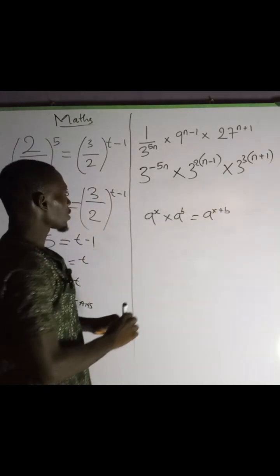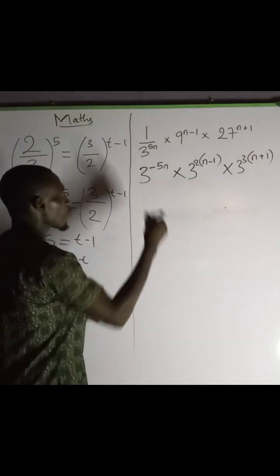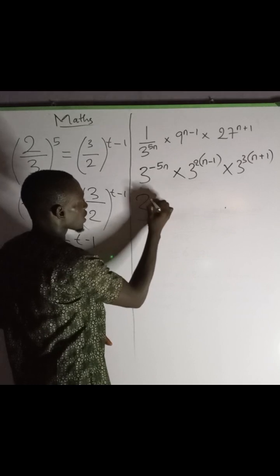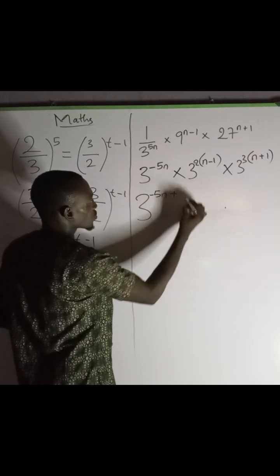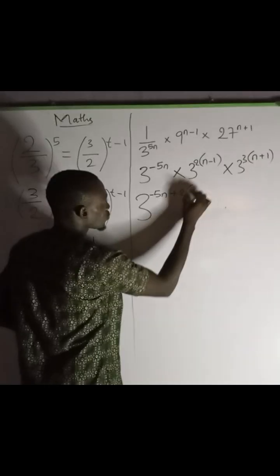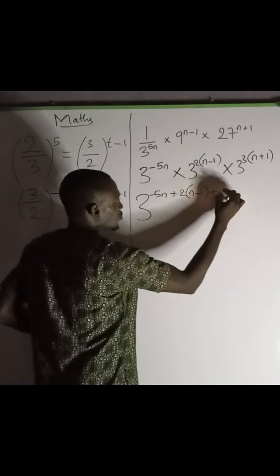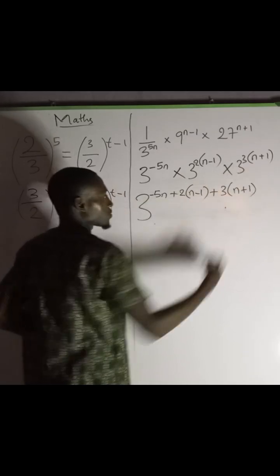That is exactly what we are going to do. We add the powers together. We take one of the bases, which is 3. We now add the rest together: minus 5n plus 2 in bracket n minus 1 plus 3 in bracket n plus 1.